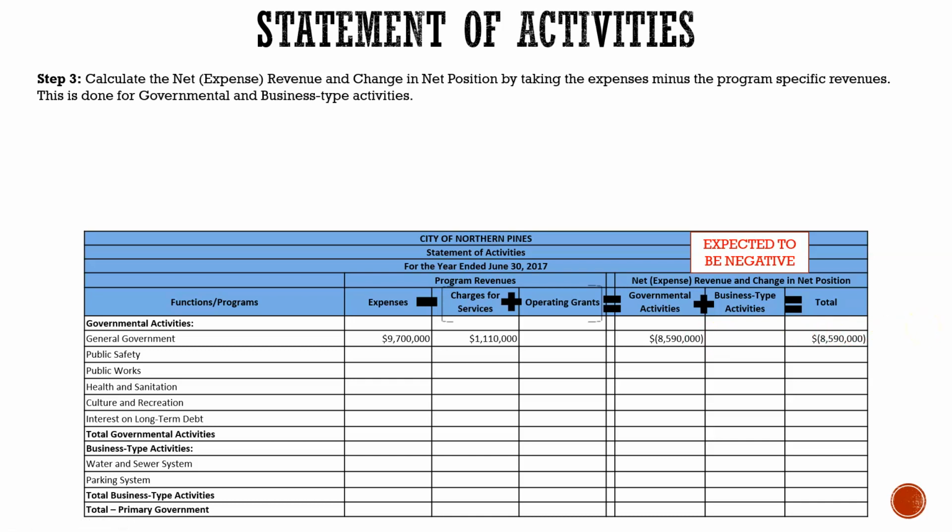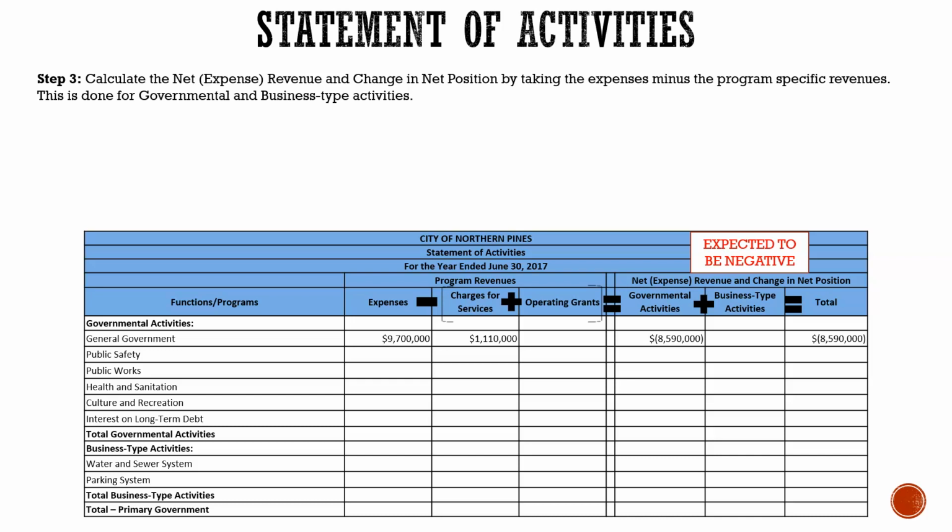We don't expect the police department to generate enough revenue from the speeding tickets that they give out to fully fund themselves. They need supplementary funding from the primary government or from other governments or from not-for-profits. In fact, in the state of Missouri, there is a statute in the Revised Statutes of Missouri, what we call the RSMo, that disallows revenue to be generated from traffic tickets after a certain point.